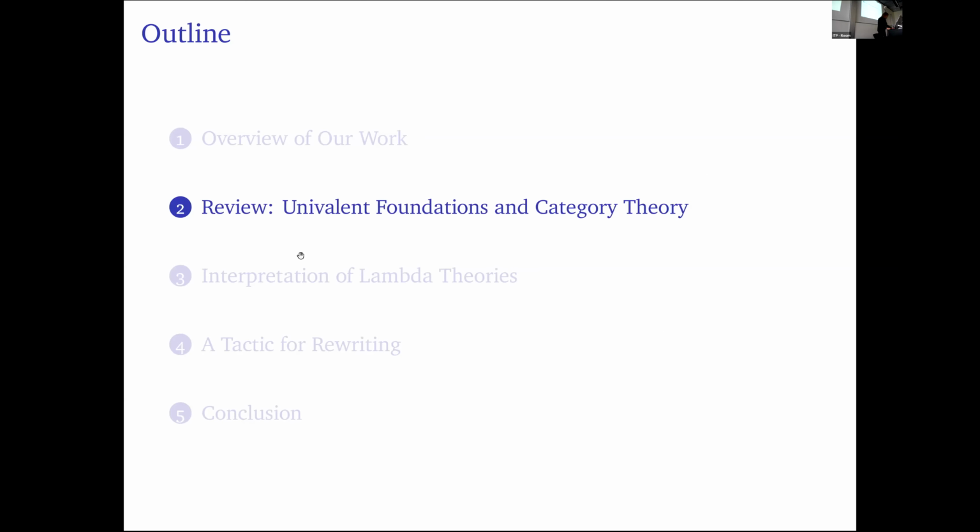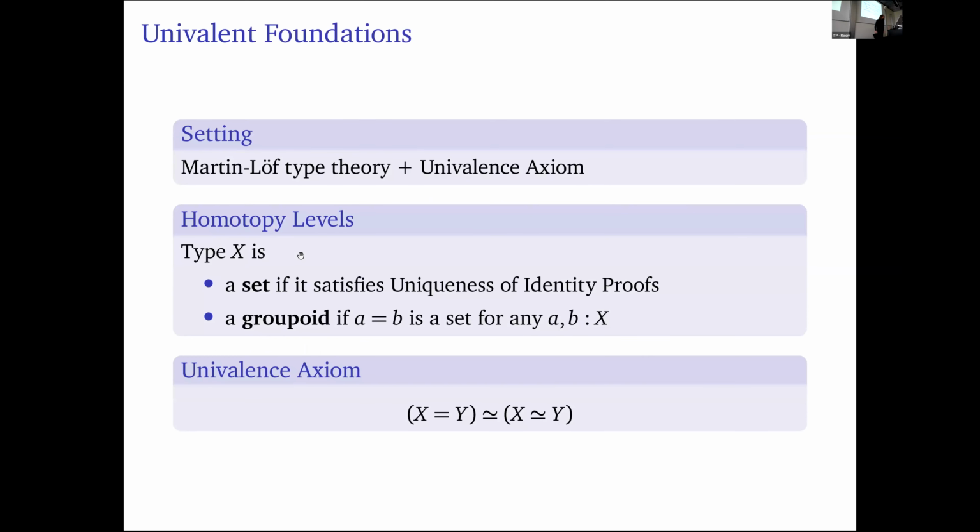This talk takes place in univalent foundations, so I will give a brief introduction to univalent foundations. Nothing that I will discuss in this section is original. What is univalent foundations? It's Martin-Löf type theory plus the univalence axiom. An important concept that is not an extension of the theory, but something that can be defined within basic Martin-Löf type theory, is the concept of homotopy levels.